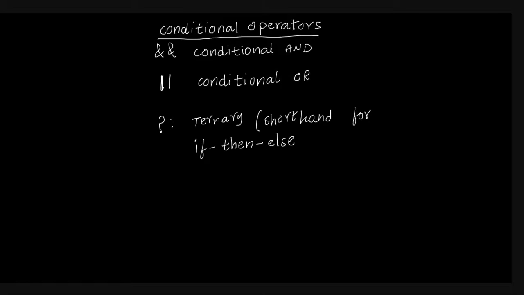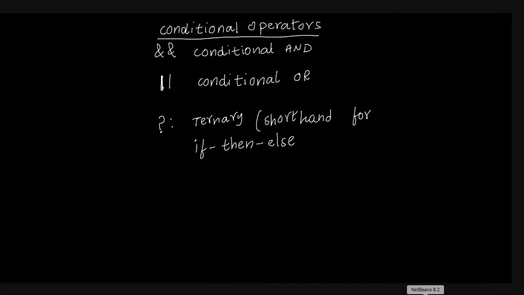In electrical engineering, an AND gate is used whenever the output needs to be 1 if all the inputs are equal to 1, which means all the inputs should be available, then only the output would be available.